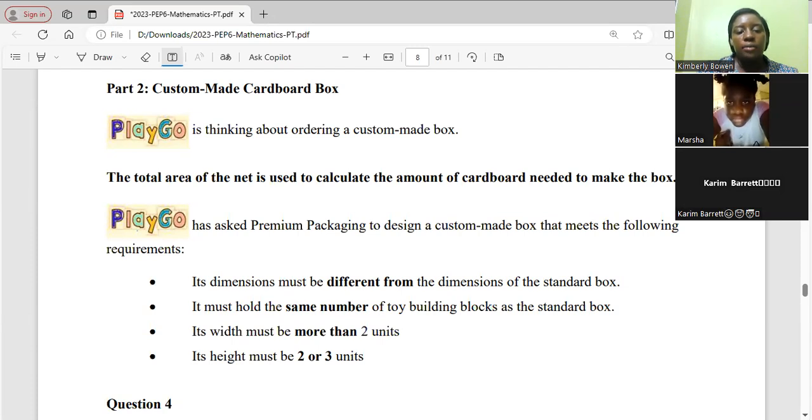The total area of the net is used to calculate the amount of cardboard needed to make the box. And Playgo has asked Premium Packaging to design a custom-made box that meets the following requirements. The dimensions must be different from the dimensions of the standard cardboard box. It must hold the same number of toy building blocks as the standard box. And the width must be more than 2 units, and the height must be 2 or 3 units.